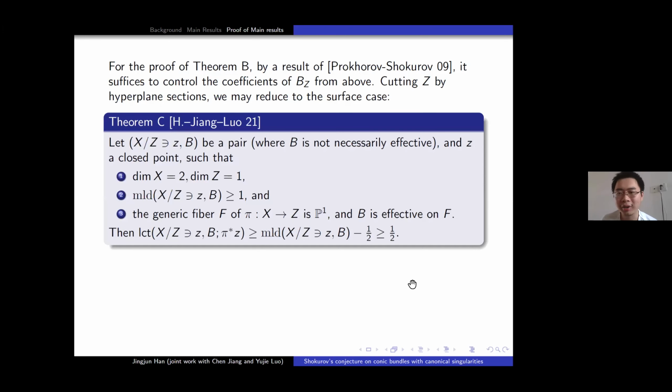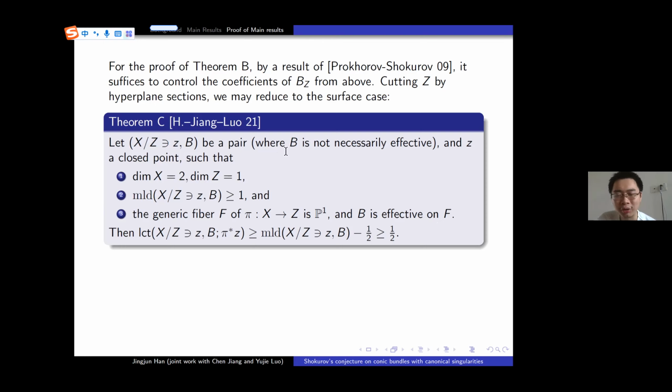And so in order to show Theorem B, it suffices to show Theorem C. If we are cutting Z by hyperplane sections, or if we are only interested in the surface case, we can assume that the dimension of X is equal to 2, and in this case the dimension of Z is equal to 1, and the MLD is larger than or equal to 1, and the generic fiber is equal to P1, so it is rational curves, and B is effective on F. And so here, in order to show Shokurov's conjecture or Theorem B, we need to prove it in a slightly larger class of pairs.